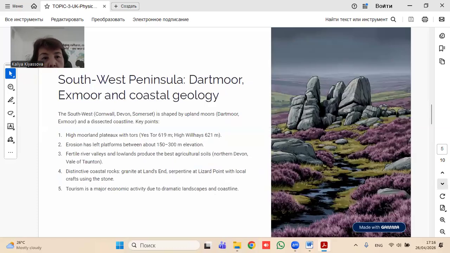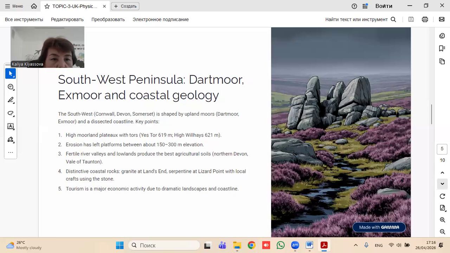Southwest Peninsula: Dartmoor, Exmoor, and coastal geology. The southwest, Cornwall, Devon, Somerset, is shaped by upland moors, as we said about Dartmoor and Exmoor, and a dissected coastline. Key points: high moorland plateaus with tors, and erosion has left platforms between about 150 and 300 meters elevation.